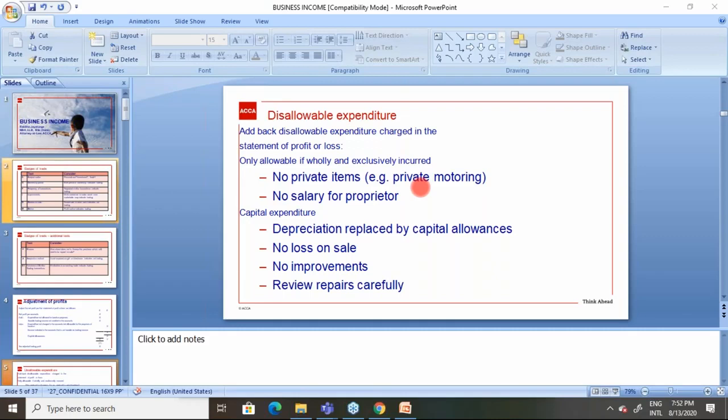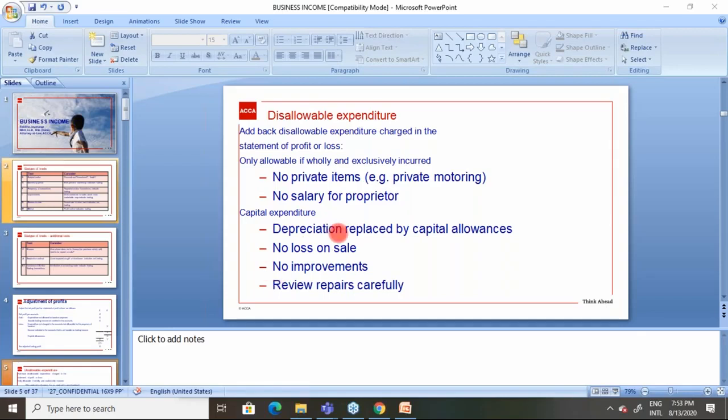You cannot claim them as allowable expenditure when calculating tax adjusted trading profit. And no salary for the proprietor, but if he's using family members, their pay is allowable expenditure, but it has to be a reasonable amount. If you have paid excessive salaries to family members, then the excess salary paid will be disallowed.